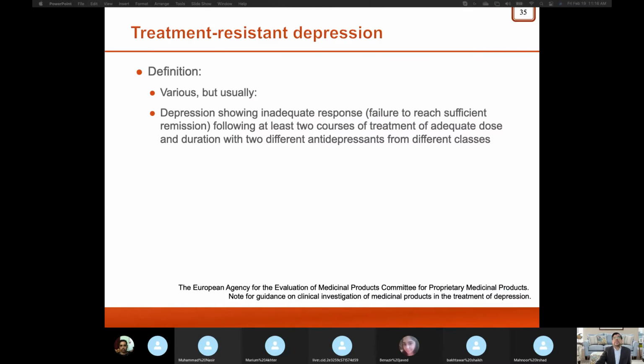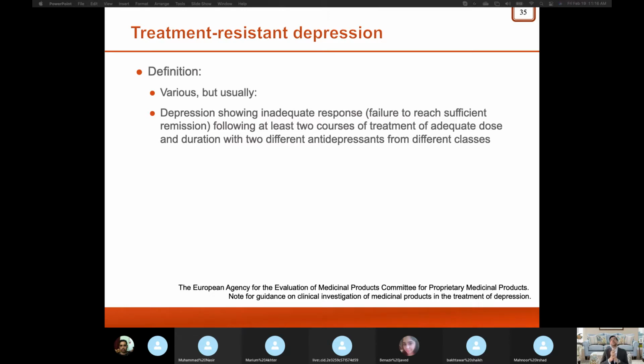So, resistant depression: when the person took 2 antidepressants and is not showing adequate response, it is usually called resistant depression. Various definitions are there, but depression showing inadequate response, failure to reach remission following at least 2 courses of treatment of adequate dosage and duration with 2 different antidepressants from different classes is called resistant depression. This is actually the definition.